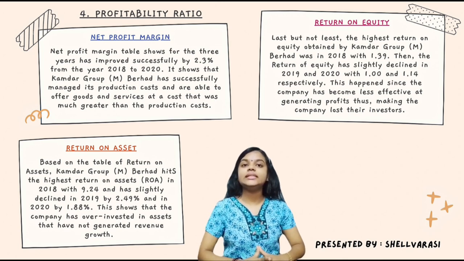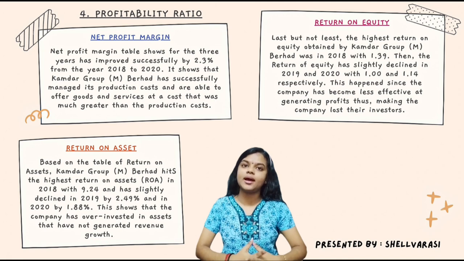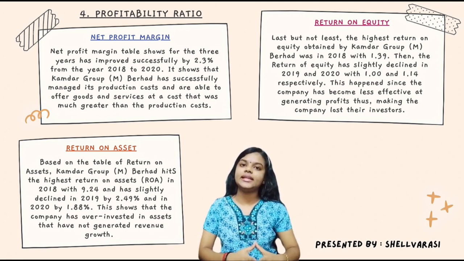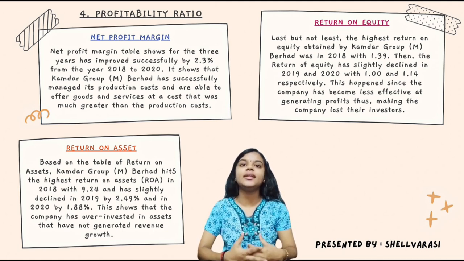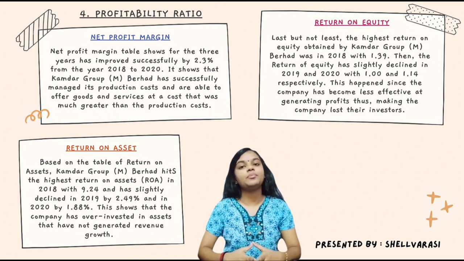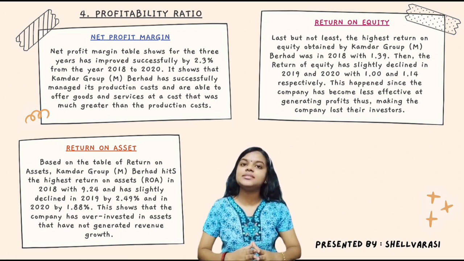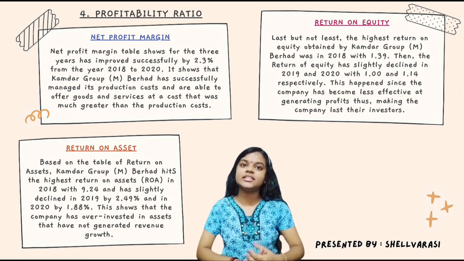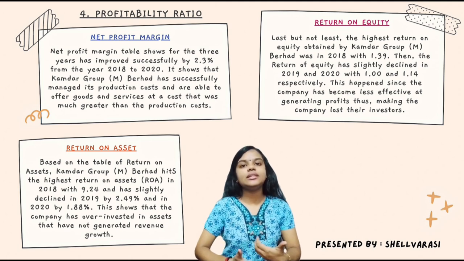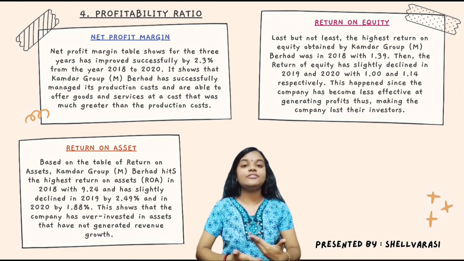Last but not least, the highest return on equity obtained by Kamdar Group Berhad was in 2018 with 1.39, then the return on equity slightly declined in 2019 and 2020 to 1.00 and 1.40 respectively. This happened since the company has become less effective at generating profit, thus making the company lose its investors.